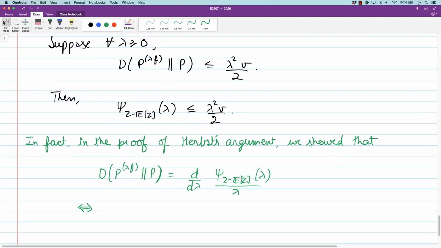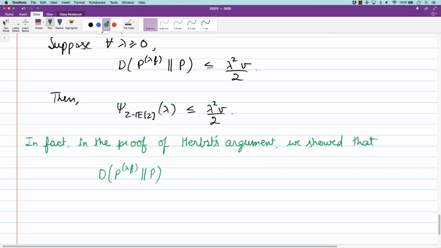Second, so actually what we saw was this is equal to lambda times the derivative of the log moment generating function minus the log moment generating function. This is what we were calling g in that proof.